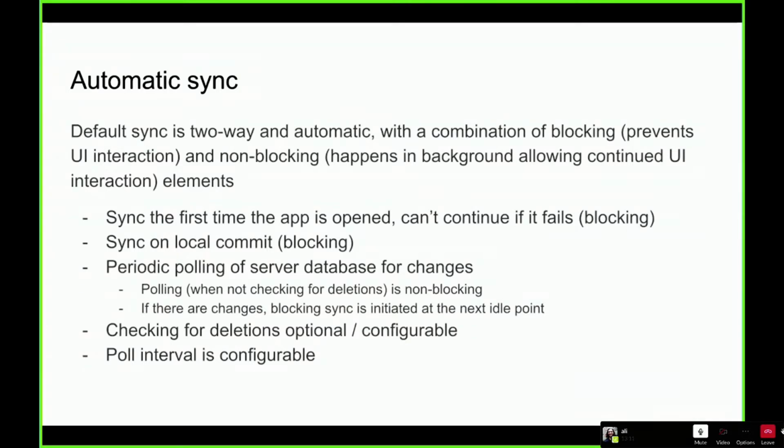If you're checking for deletions, it has to fetch data on every single record on the server to know that things have been deleted. That's why it will immediately block if it checks for deletions. You can configure whether it checks for deletions at all, or how often.